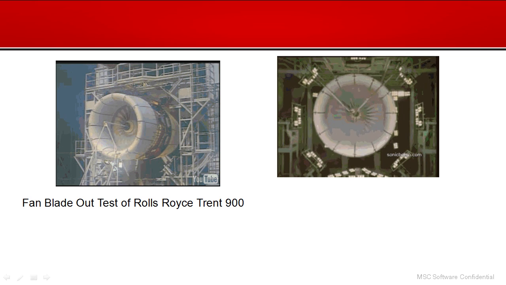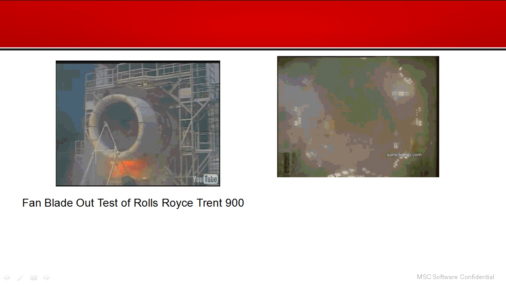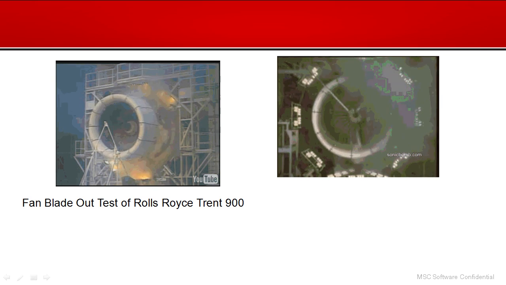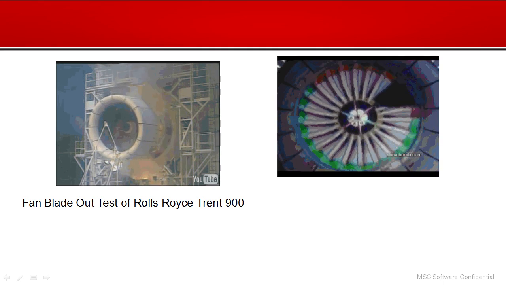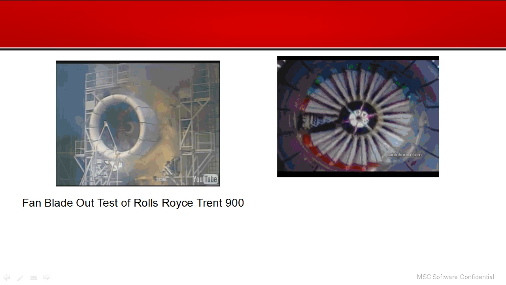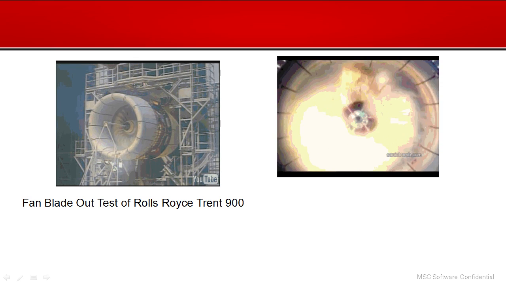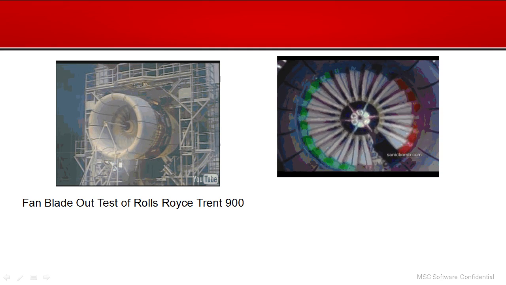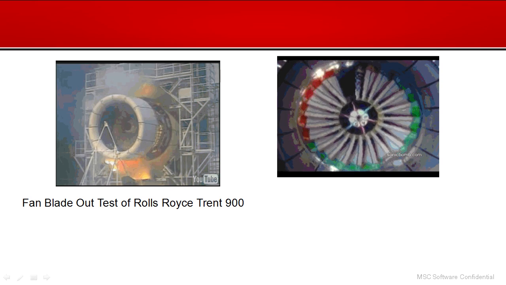The codes themselves are accurate and have been validated by years of use, but the simulation of the sequential events, what you see here during the entire fan blade out, starting from the blade release, impact and failure, contact models, unbalanced forces, windmilling, and the CFD effects, really requires a multidisciplinary environment that is still subject to active research.